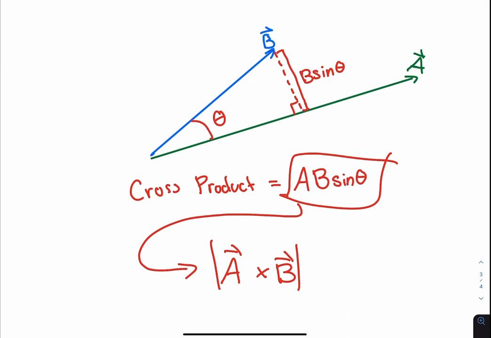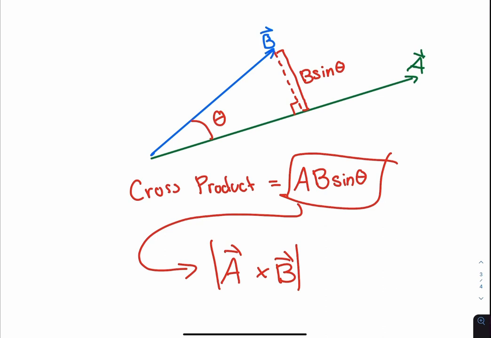So, if A and B are on the xy plane, the cross product vector must be perpendicular to those two vectors. Now, this is a little confusing because how can you make a vector that is perpendicular to both A and B? And the answer to that is that we have to work with a new axis.